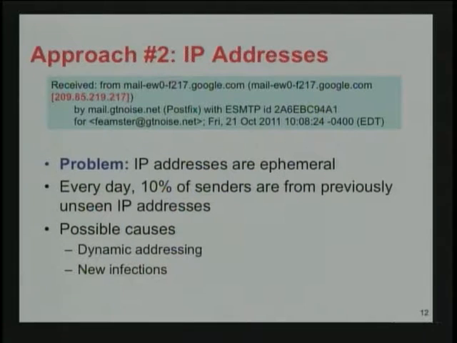The problem here is that the cost of mistakenly classifying a good mail server that you just set up as a spammer is incredibly high, because it violates that goal that we have of openness. So the challenge is that the IP addresses of the senders keep changing, and this is something that we measured empirically: on any given day we saw about 10% of the spam senders coming from IP addresses that we'd never seen before. Keeping that list up to date is incredibly tough.